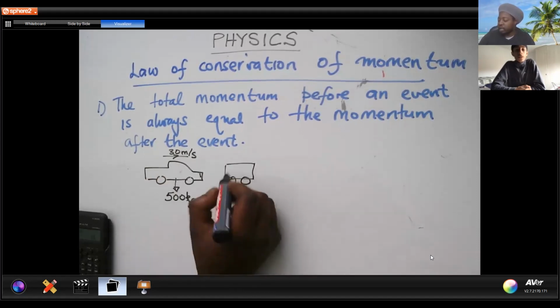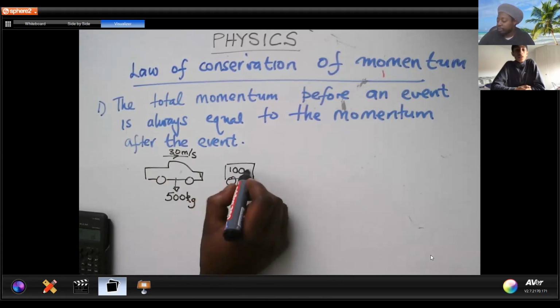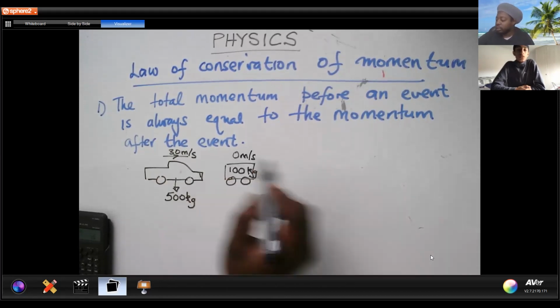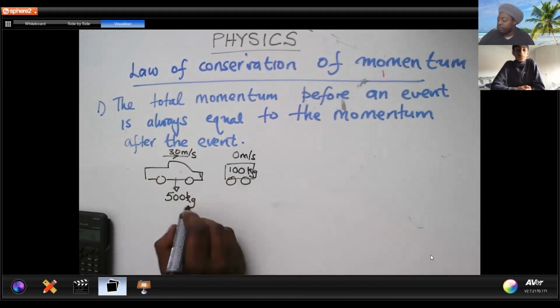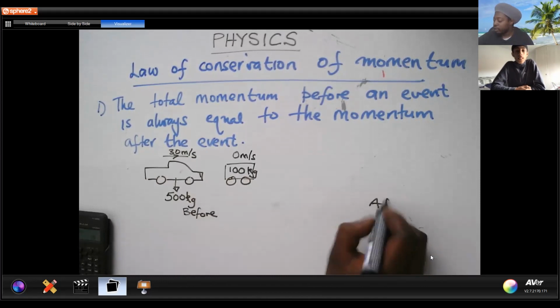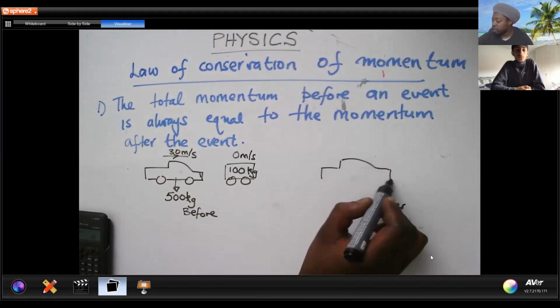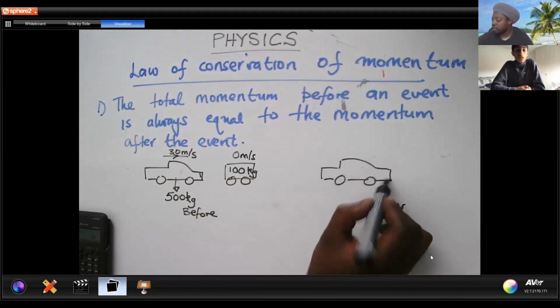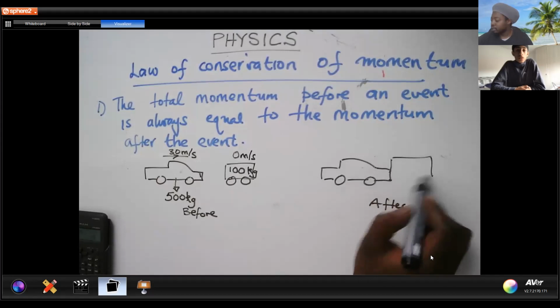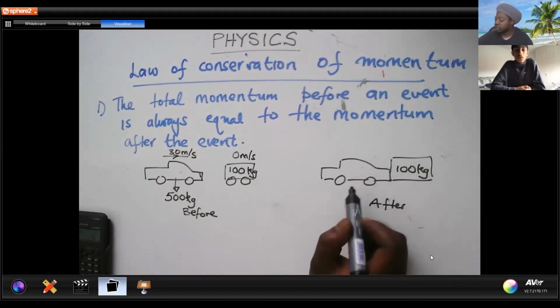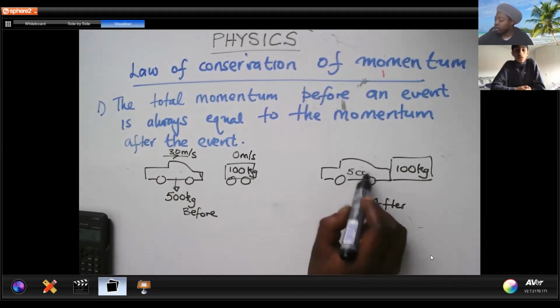And there's an empty trailer, which happens to be 100 kilograms, which is stationary. They then collide. So this is before the event. Now, after they collide, in such a manner that the 100 kilogram trailer is now attached to the 500 kilogram car.